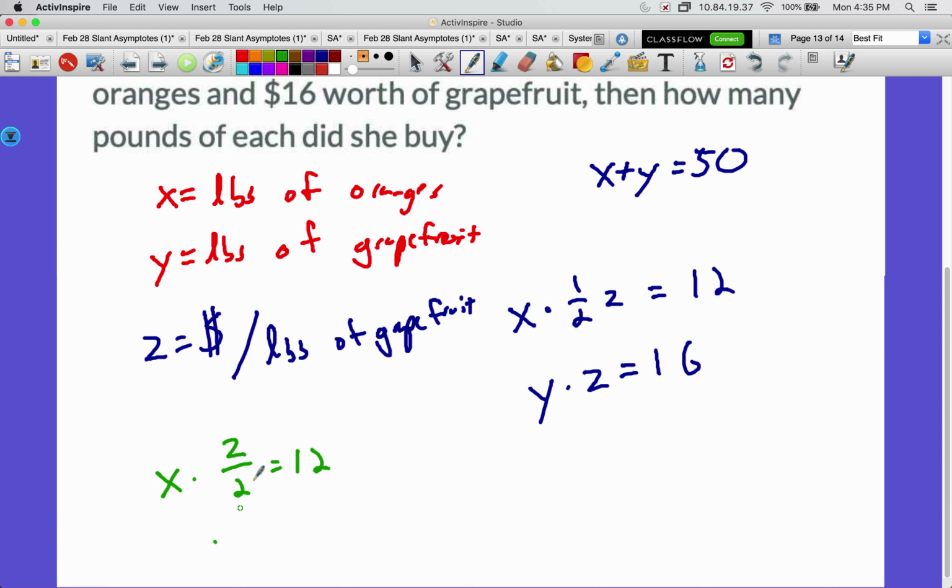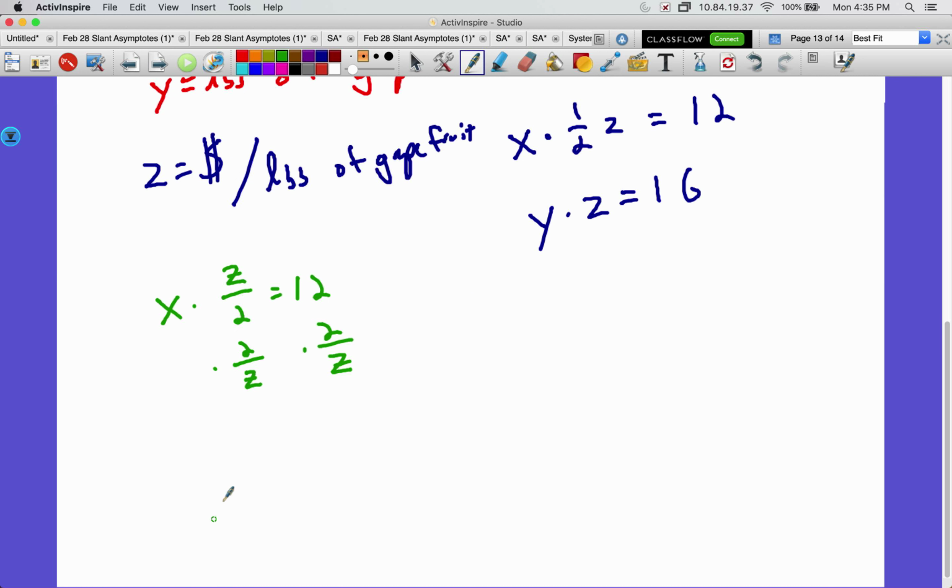We'll multiply by the reciprocal here, which is 2 over Z, across my Z, times 2 over Z. That X equals 24 over Z. And then for Y, I'll just divide both sides by Z and get that Y equals 16 over Z.